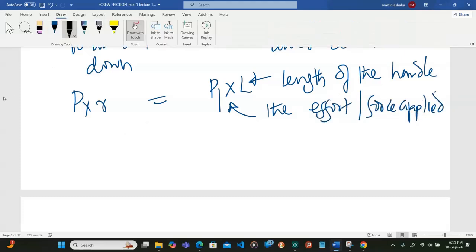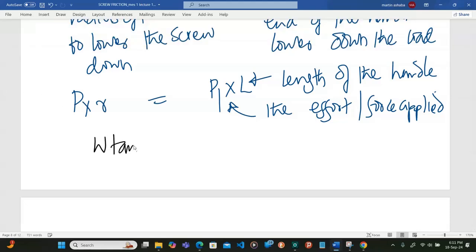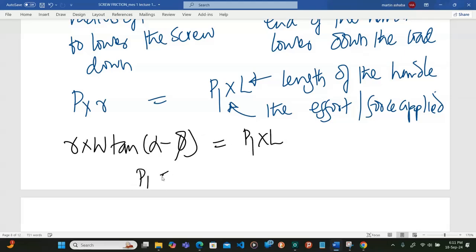So this means that W tan of (alpha minus phi), times R will equal P1 times L. And therefore P1 will be W R tan of (alpha minus phi), everything divided by L. And this will be the expression required by anyone to determine this effort or force applied at the end of the handle.